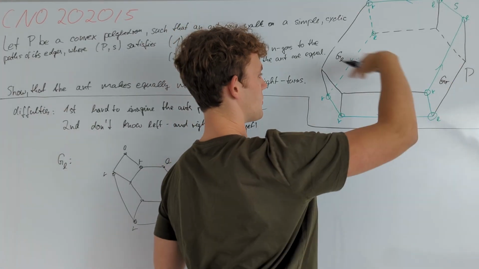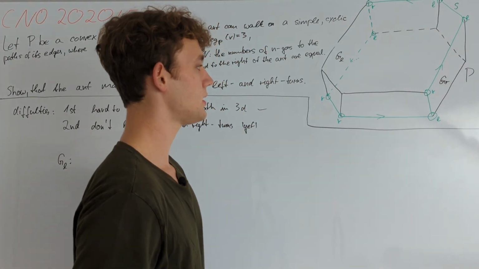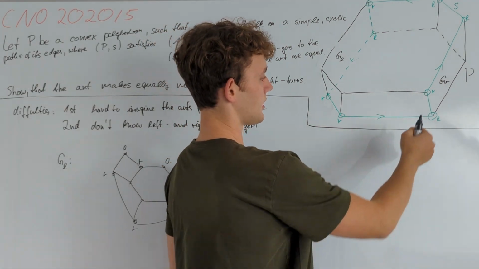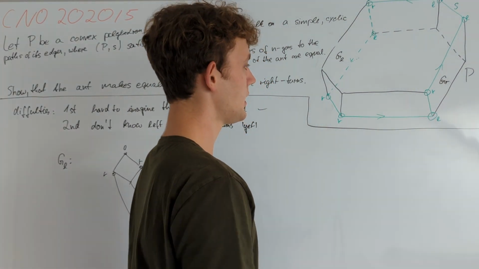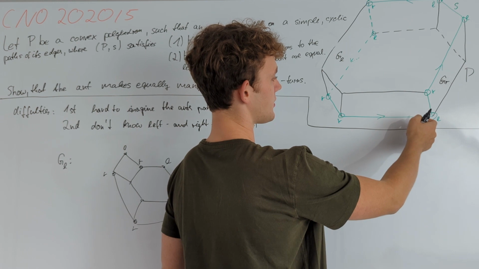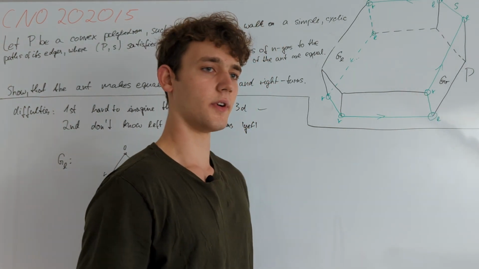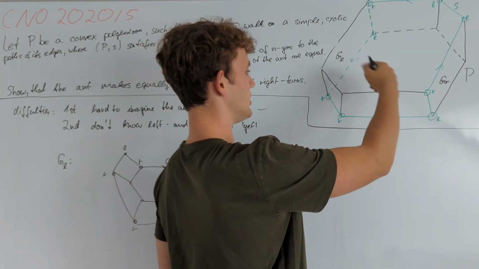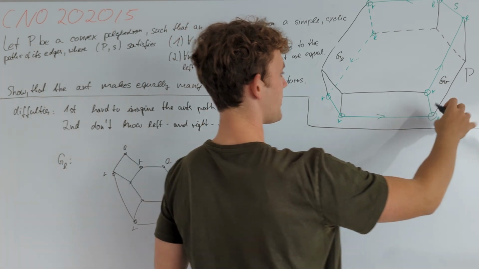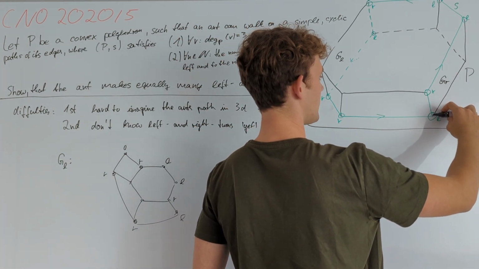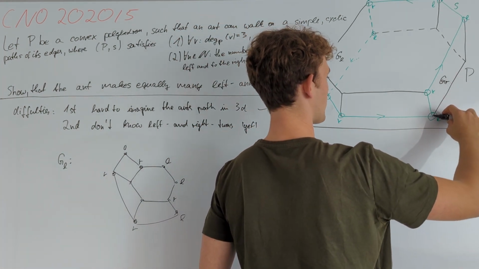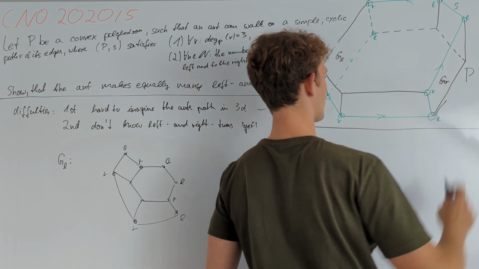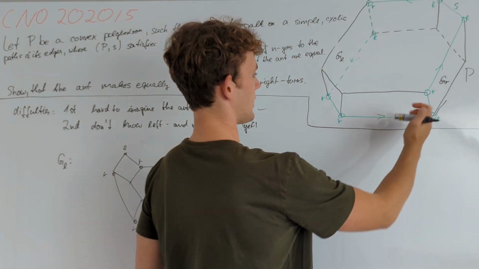So we're going again to the polyhedron P and look at this left turn. We see that because the ant turns left, or rather towards the graph GL, the other option, the path which would have gone to the right, this one right here, is not taken.